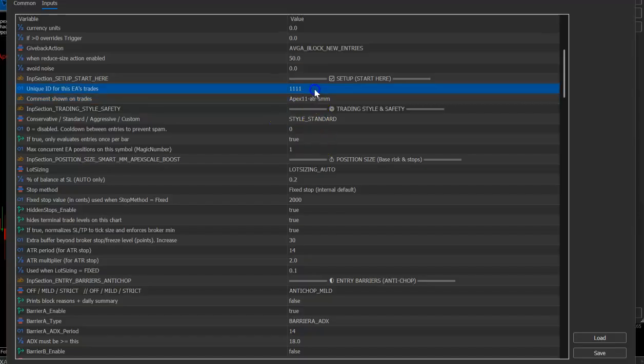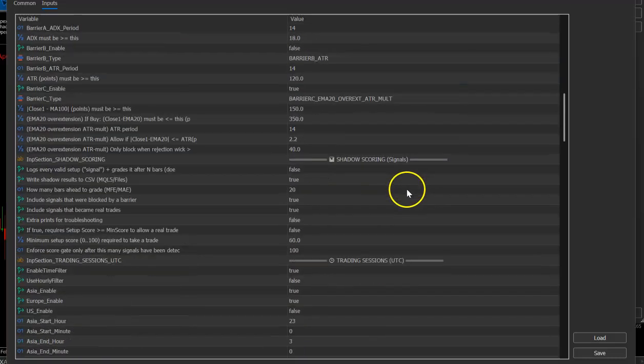You just change the magic numbers. The original fixed will be 4 ones, fixed with smart money management 3 ones and a 2, ATR fixed 3, and ATR with smart money management 4. This is down here.